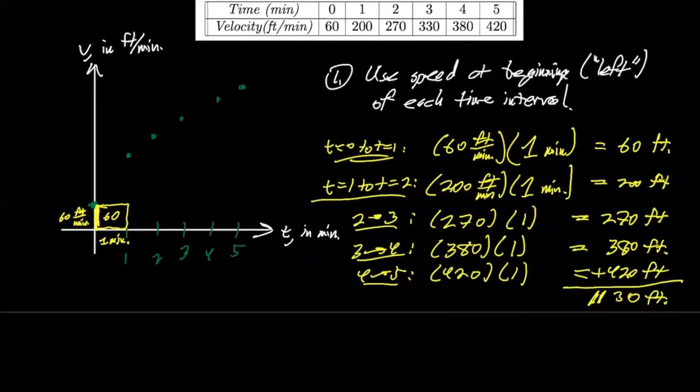And in a similar way, this is height 200. And so this really is feet, because you're multiplying feet per minute times minutes. Areas in this graph, because the vertical axis is feet per minute and the horizontal axis is minutes, where you multiply horizontal distance times vertical distance, the minutes will cancel, and you'll get feet.